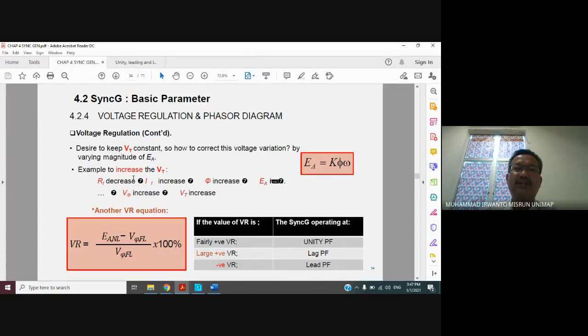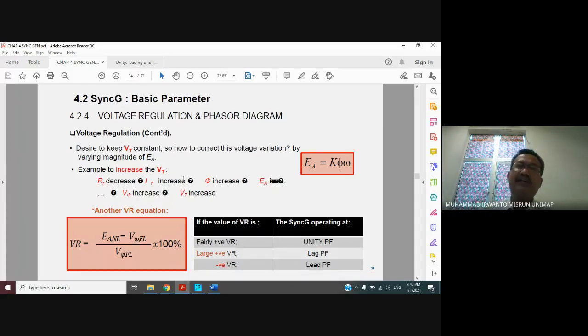If you want to increase the terminal voltage, we can increase the field current. How to increase the field current? Using the field voltage. This is the condition to maintain a stable voltage.